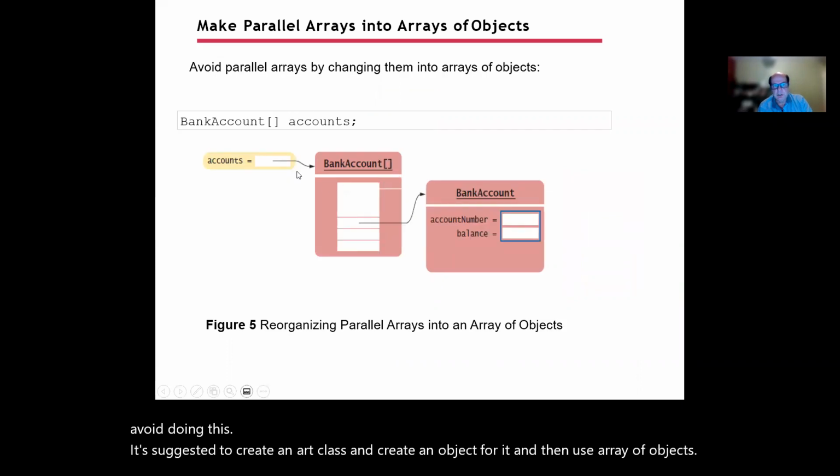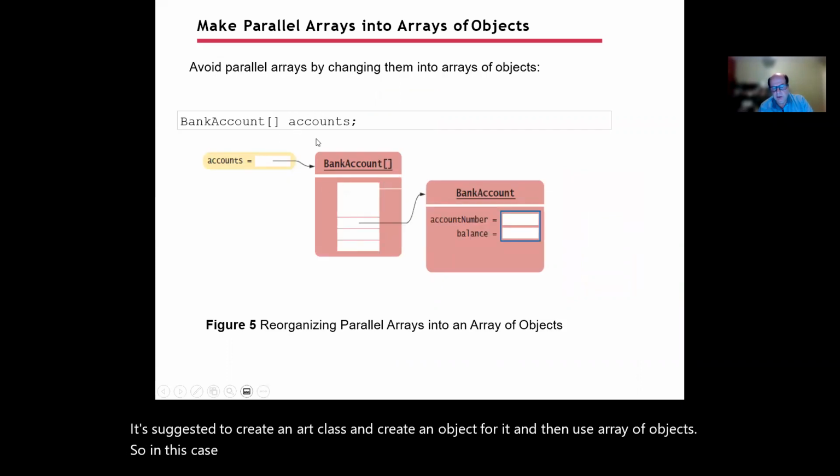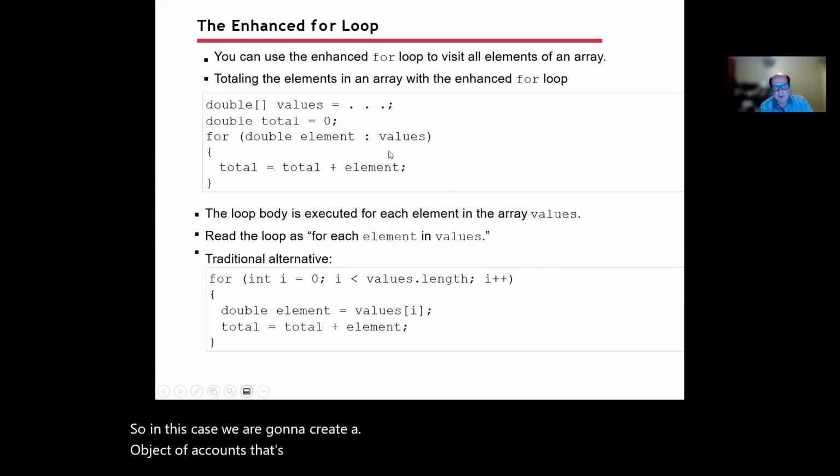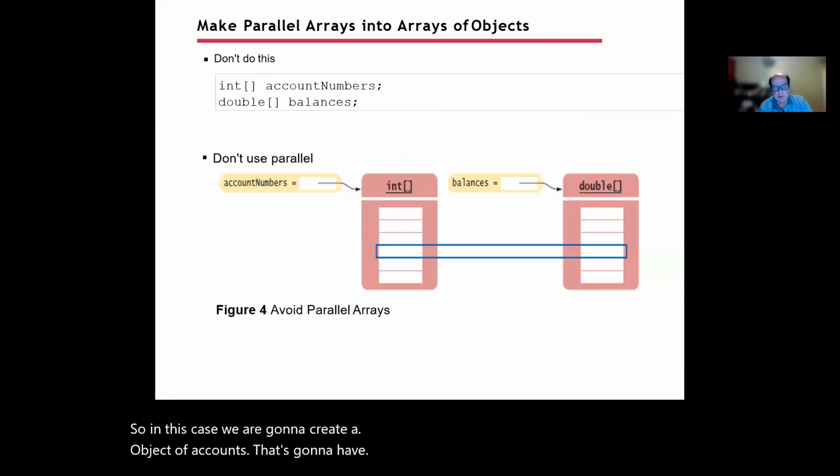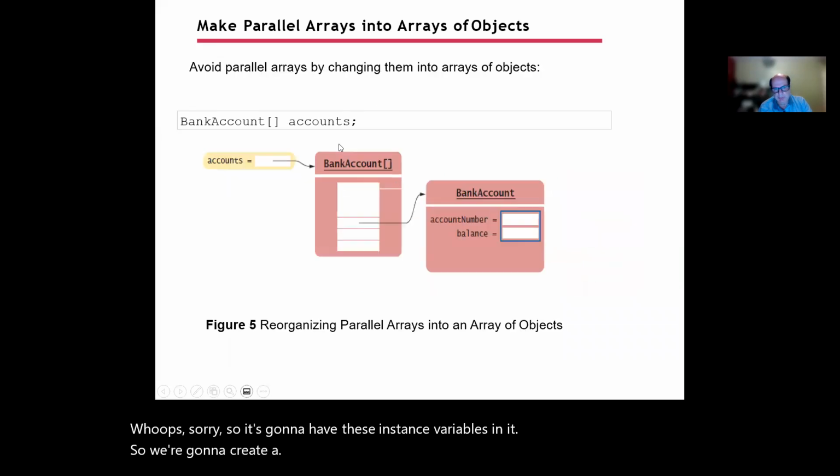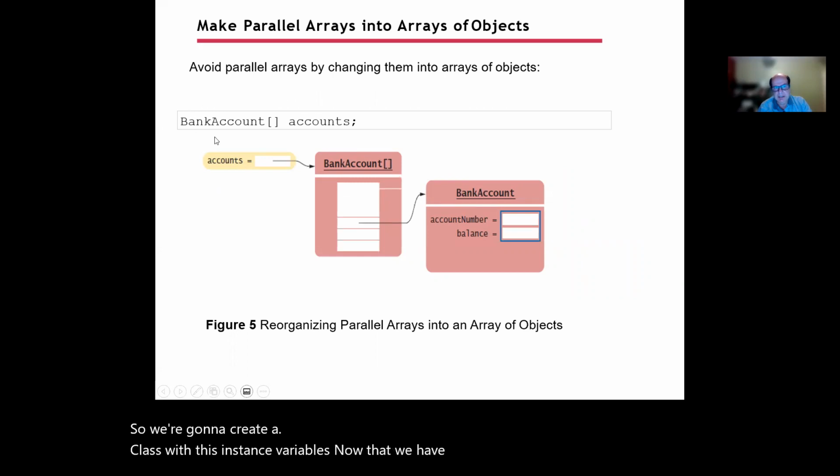So in this case, we are going to create an object of accounts that's going to have these instance variables in it. So we're going to create a class with these instance variables. Now that we have that, we can create a bank account, which is an array of objects.